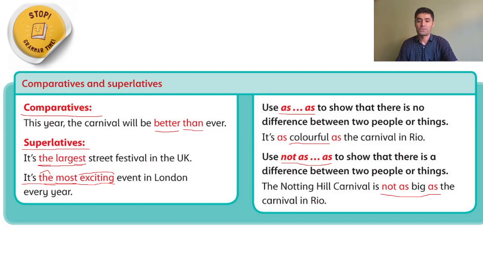So this shows that these two things, Notting Hill Carnival and the carnival in Rio, are not similar. They are different because the carnival in Notting Hill is not as big as the carnival in Rio. The carnival in Rio is bigger. Do you understand? Great. All right, now let's move on.